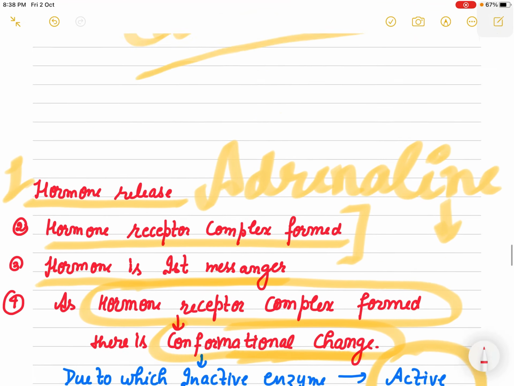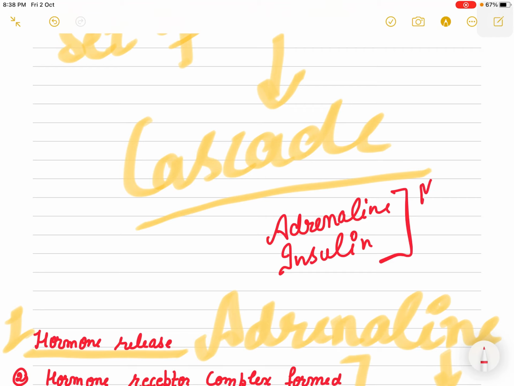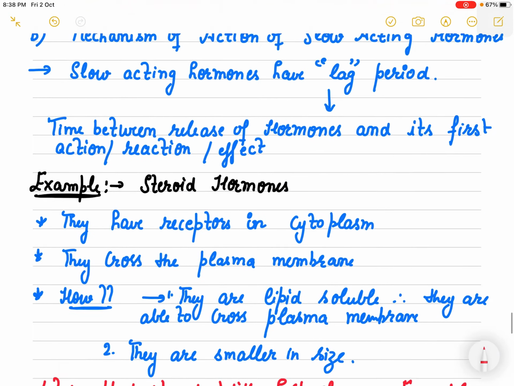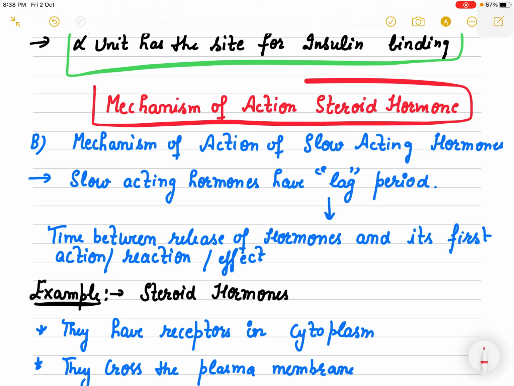So we discussed these two examples. One you can mention in the exam very confidently is adrenaline, and the second is insulin. Both have receptors which are membrane bound. Then one more example which is given in our syllabus is the mechanism of action of steroid hormone.